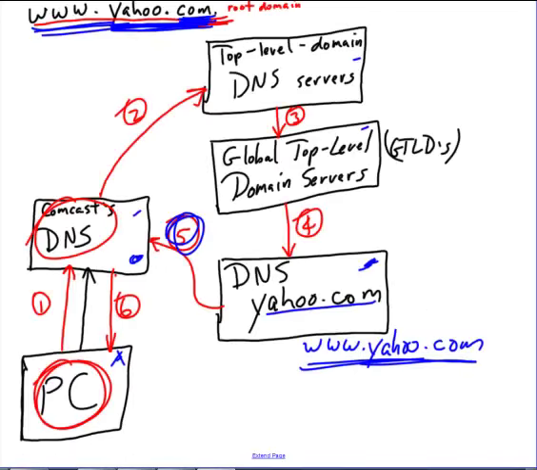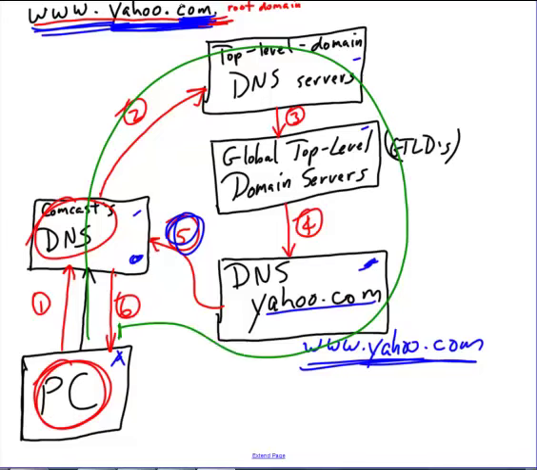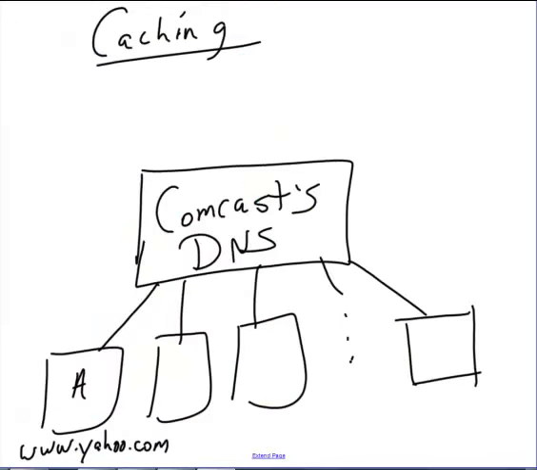And we went through this whole process here to resolve that address. That takes some time. Now, obviously, yahoo.com is an address we go to a lot, probably only eclipsed by Google in many cases. A forced Comcast DNS to go through the resolution process.